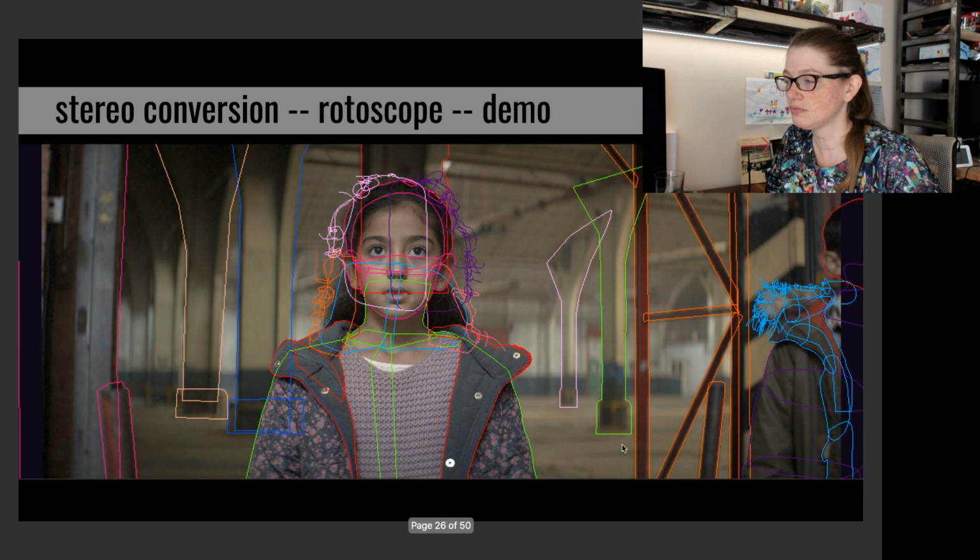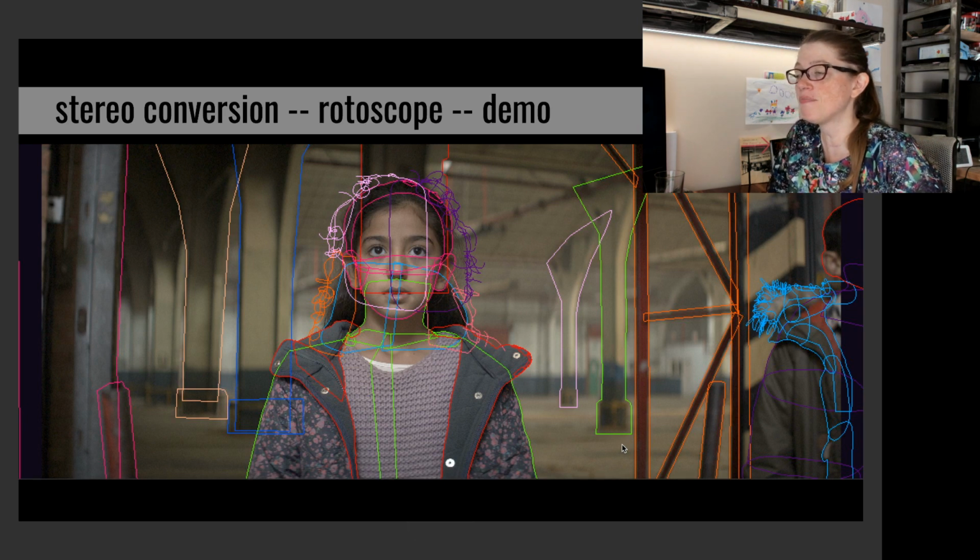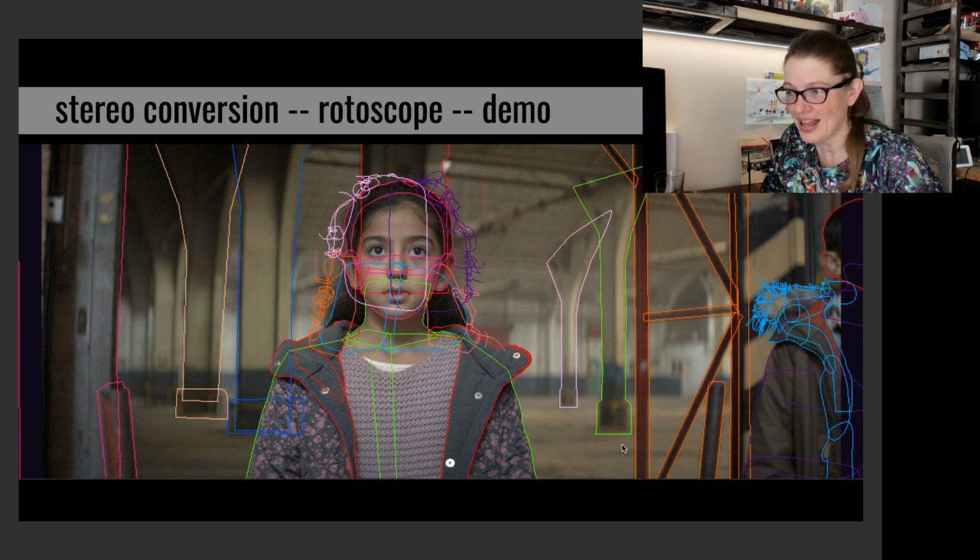This is where you have hundreds of artists in a room tracing hair. So the first thing that we need to do is what's known as rotoscoping. We're actually going to have a bunch of artists in a room, and they're going to trace everything by hand. So they're going to trace all of the major objects. So in this one you can see any kind of major object in depth they've traced around.